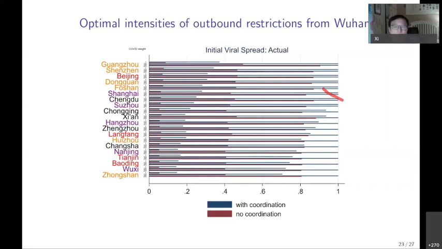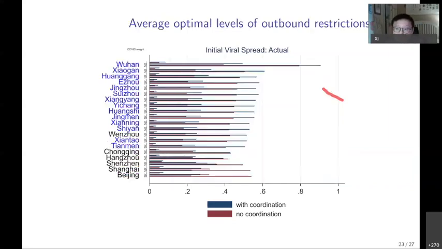Those are the top list of cities which need to restrict the intensity of outbound restriction from Wuhan. And very interestingly here, if you look at Beijing, from the outbound restriction point of view, Beijing is a city where we need to restrict the outbound. But there are 2 scenarios. One is what we call the coordinated social planner.